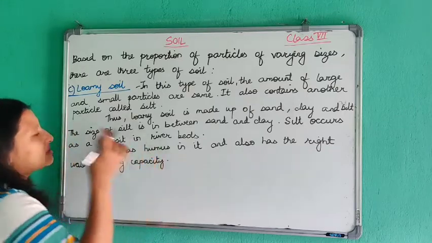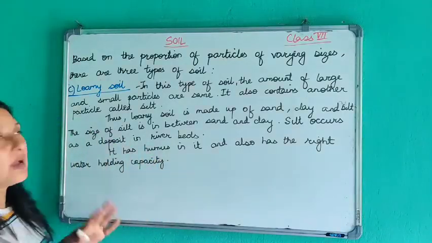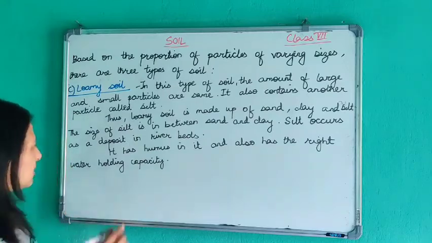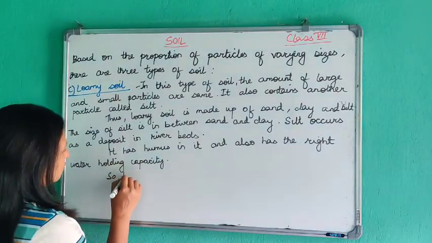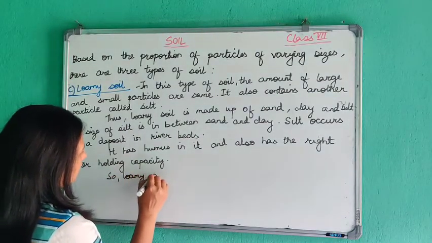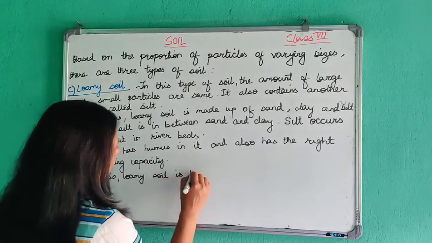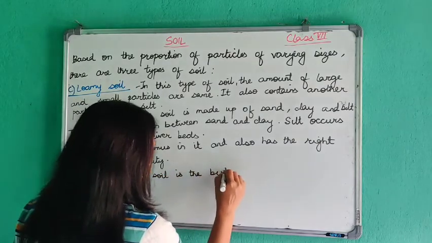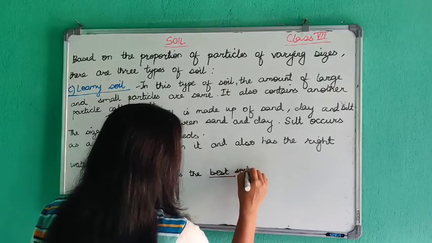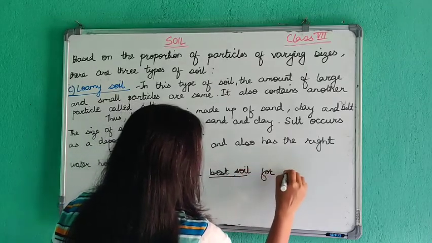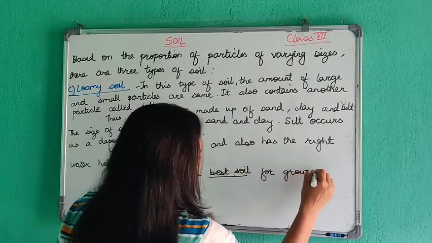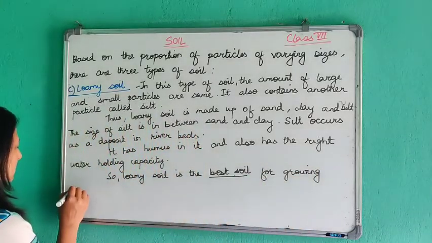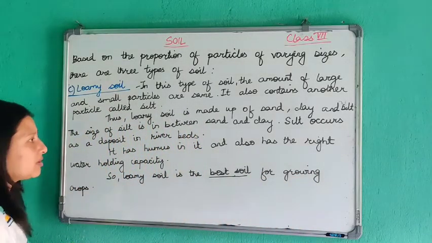So सबैभन्दा best soil for growing plants is loamy soil. Loamy soil is the best soil for growing crops. सबैभन्दा राम्रो soil plants को लागि.